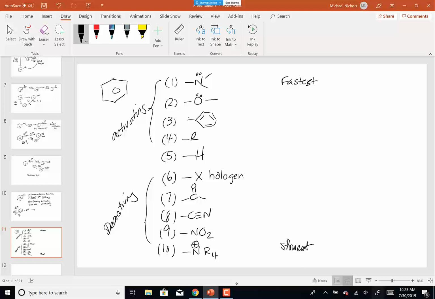Now, I'm kind of at a conundrum here because we could spend the rest of this talking about why, or we can just accept this order, and go on and do reactions and apply it. So today we're going to apply this chart.